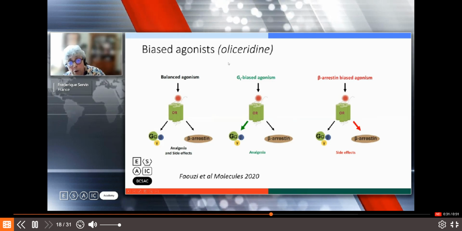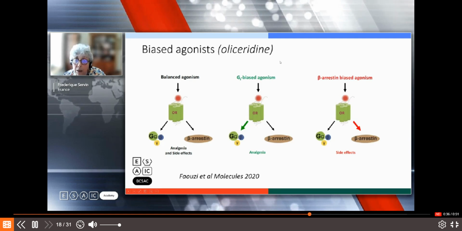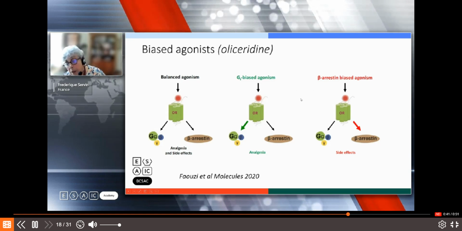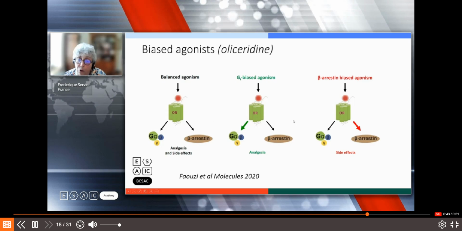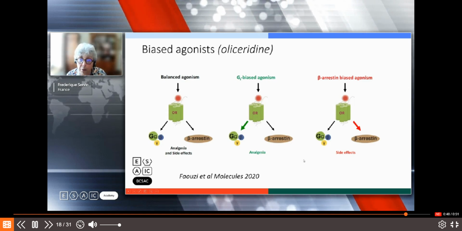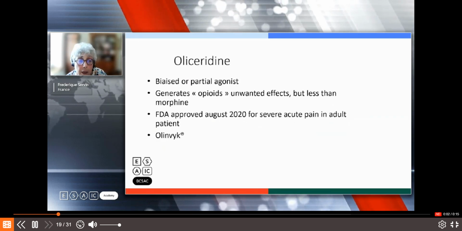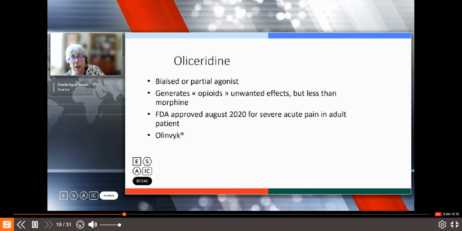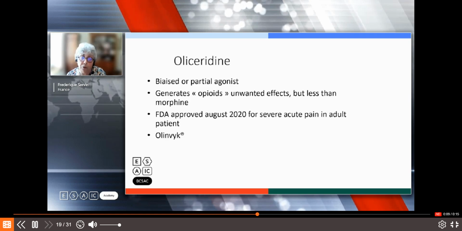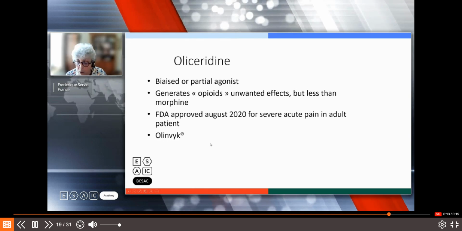And one of those molecules called oliceridine has received approval from the FDA nearly 3 years ago for acute severe pain in adults, and thus can be used for postoperative analgesia. The oliceridine is a biased agonist. It generates opioid unwanted effects, but less than morphine. Its marketed name is Olinvyk.